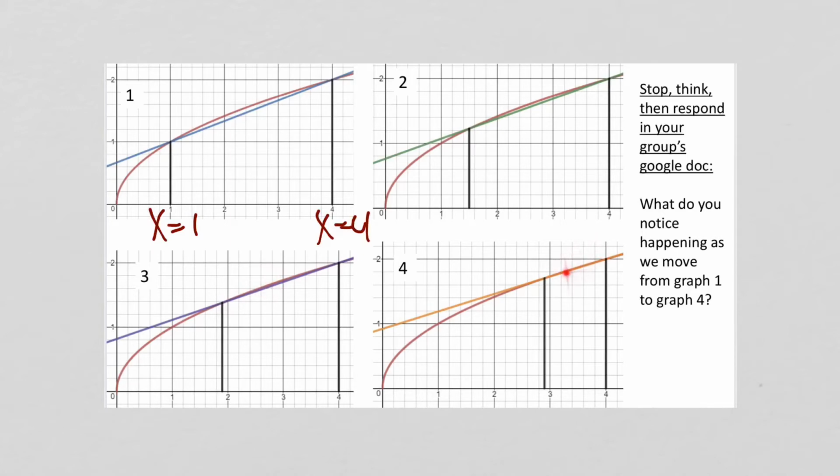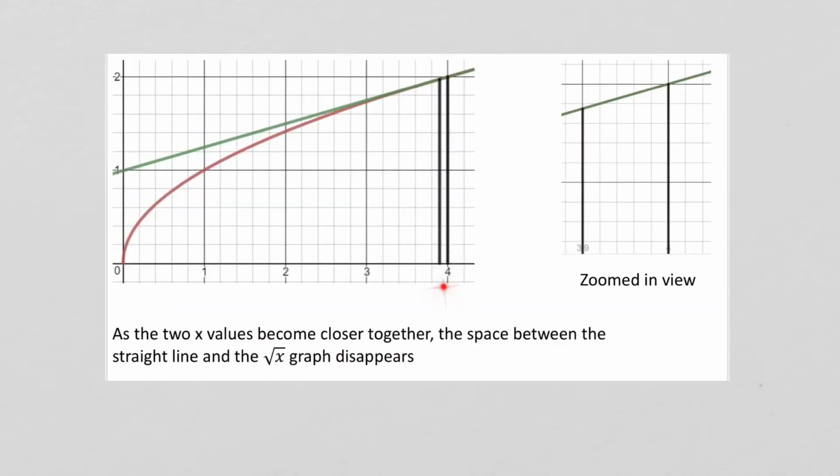So that space is disappearing, meaning that this straight line, at least in this region, seems to be almost the exact same as the square root x line. And if we make them extremely close and we zoom in, we can see that they almost look like the exact same line. So the space between them disappears, and then it seems like the green line, at least in this region, is exactly the same as the square root x line.